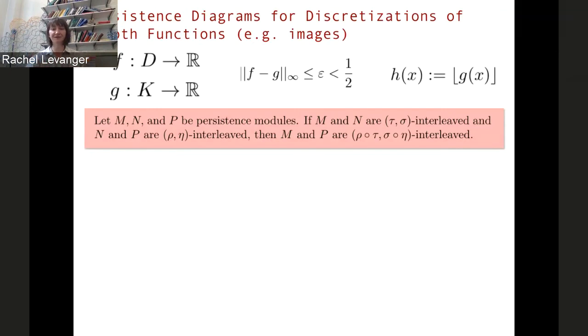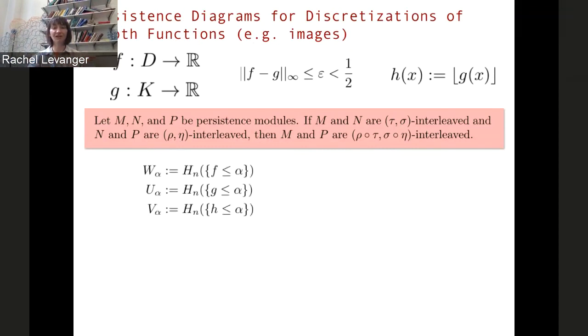It turns out there's a theorem, and this is in Bubenik, de Silva, and Scott's 2015 paper, maybe 14, on their generalized interleavings, that you have this sort of triangle inequality or composition of interleavings. So if you have a tau sigma interleaving that's then followed up by a rho eta interleaving, you can go down two steps by tau and then rho, and then back up by eta and sigma to get a larger interleaving from the top to the bottom.